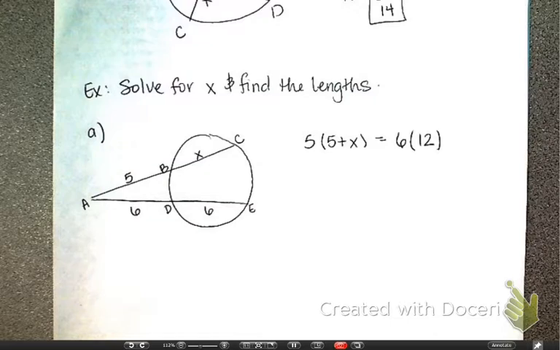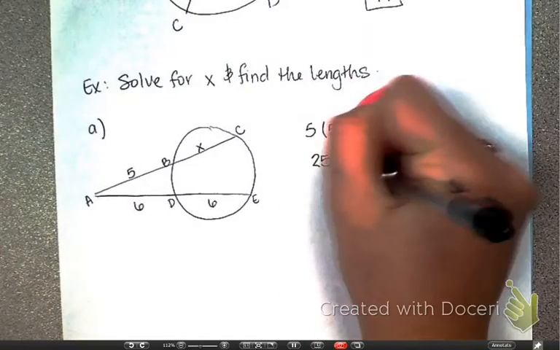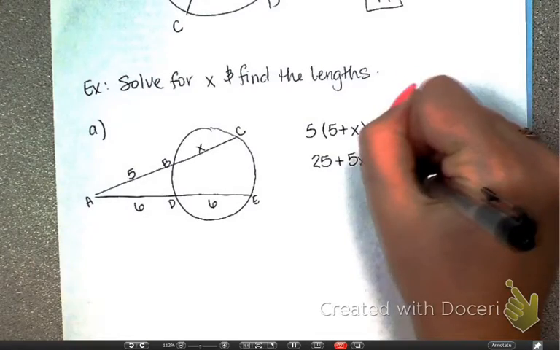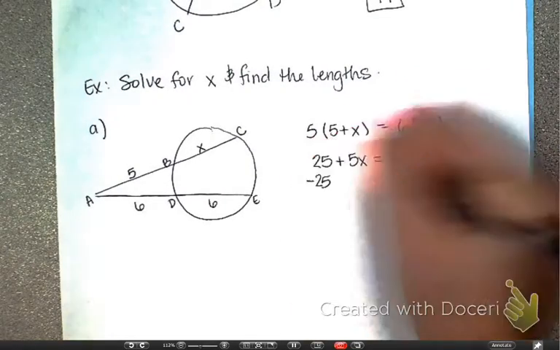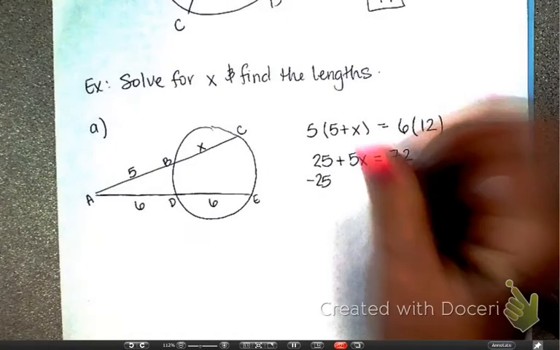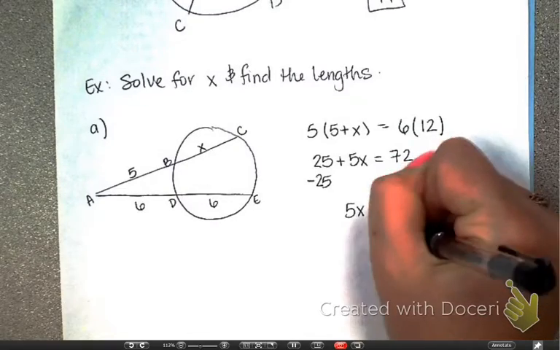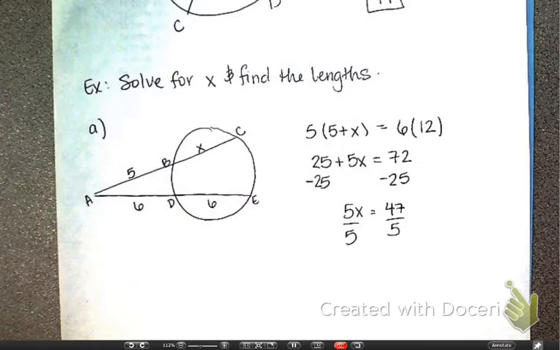And then what would I do to solve? Distribute, okay? So 25 plus 5x equals 72. I'm going to subtract 25. So 5x equals 47, then divide by 5.